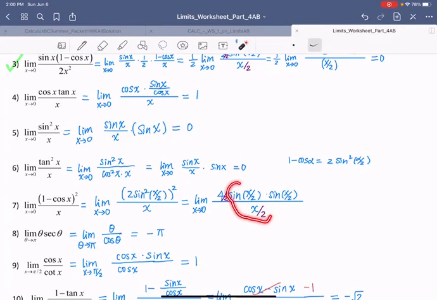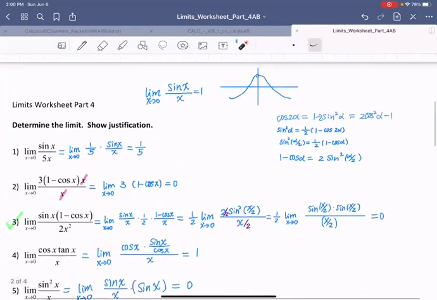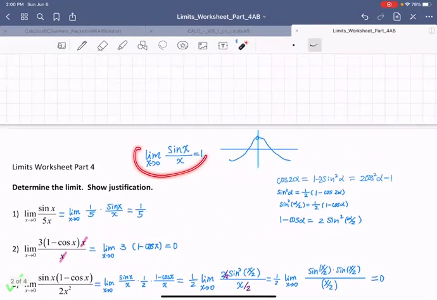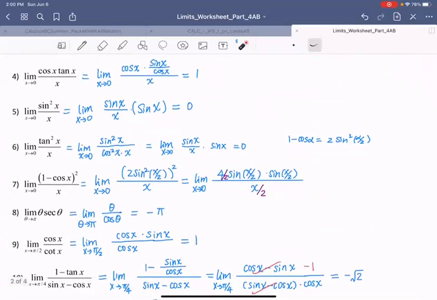Now, can you tell me who this guy is? Sine x over 2 over x over 2, we did something like that. 1. So that guy becomes 1. How much is this guy?